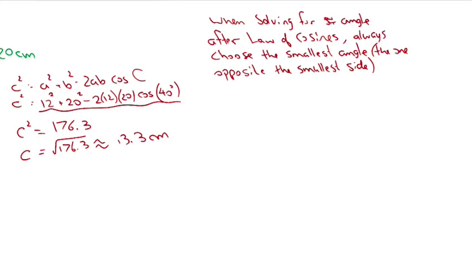All right. So that formula down there is useless. I'm not sure if it would work. We want sine of A over little a, which is 12, is equal to sine of 40 over 13.3. That's the one we want.